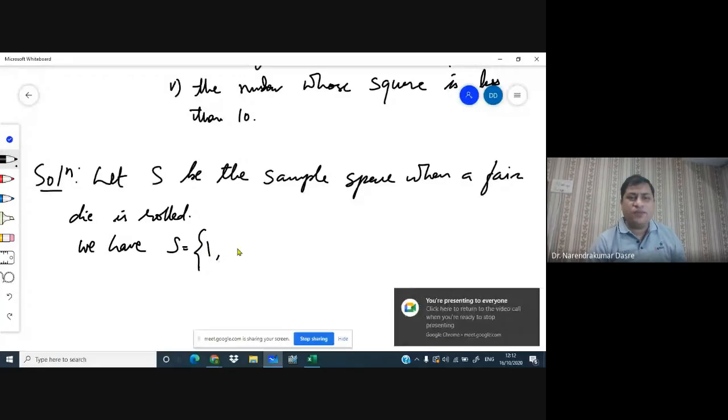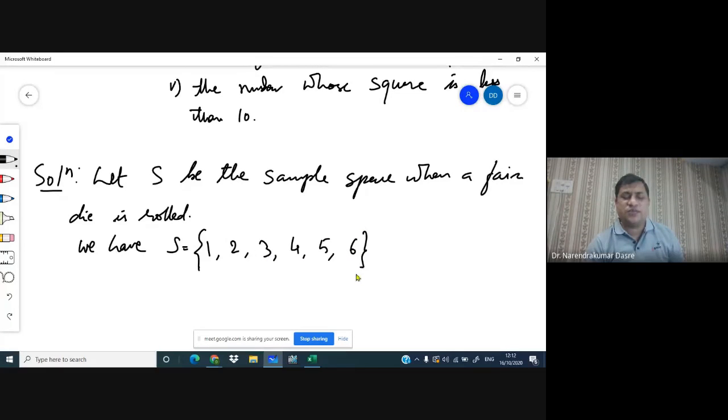We have 6 faces, so we'll have 6 numbers as outcomes, and these form the sample space. So in our sample space we have these 6 points: 1, 2, 3, 4, 5, and 6.